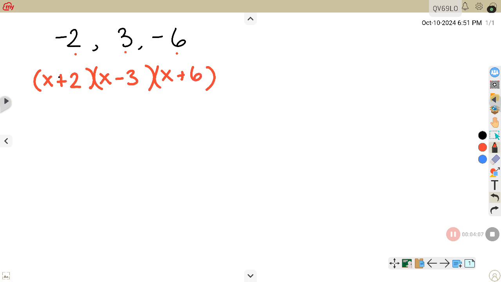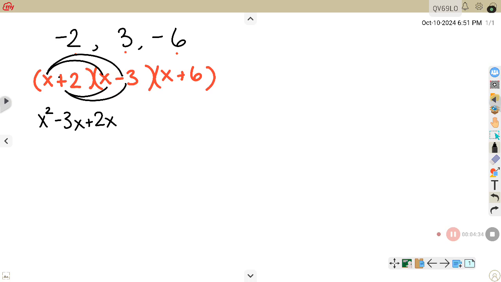There's the factorization, and now I'm going to multiply the three factors together. So I'll start off with the first two parentheses. X times x gives me x squared. Outside, x times negative 3 gives me negative 3x. My inside, positive 2 times x gives me positive 2x.